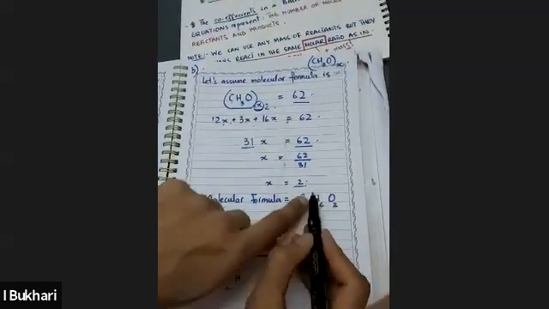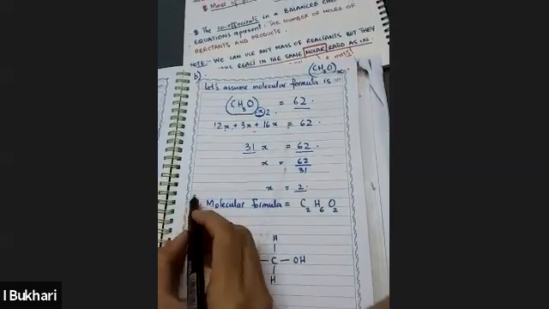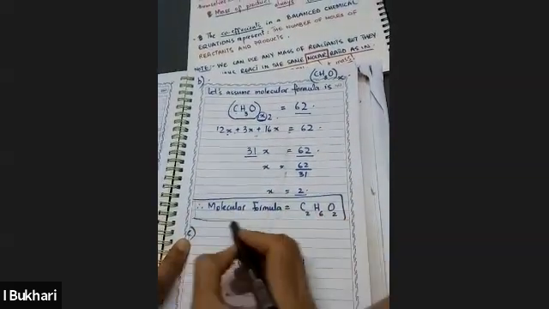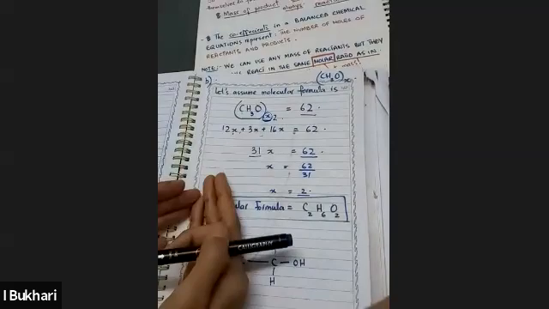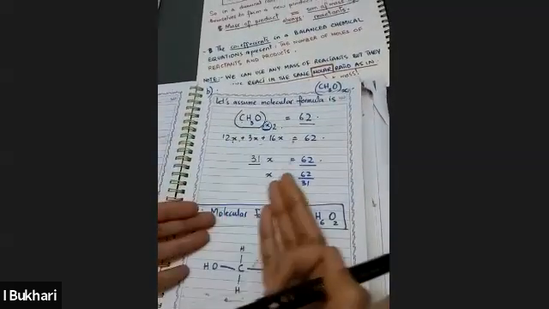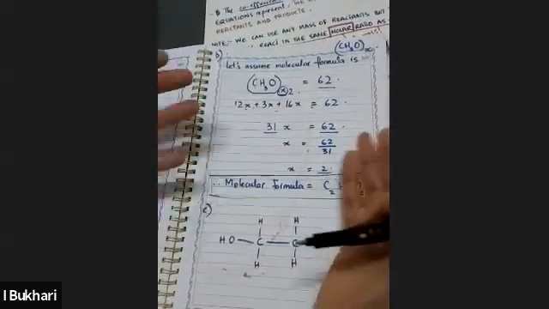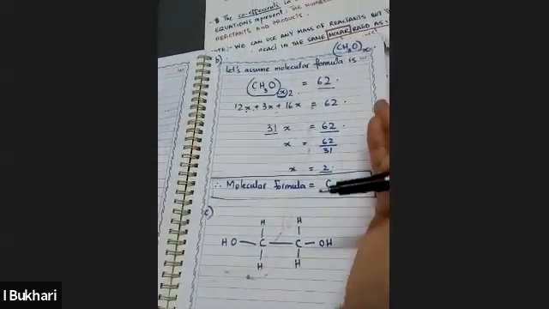Okay, C2H6O2. So that's how we figured out what the molecular formula is. So you should know either the empirical formula or the empirical mass, and then you can find the molecular formula if you know what multiple it is. Is it getting multiplied by 2 or 3 or 4 or whatever.